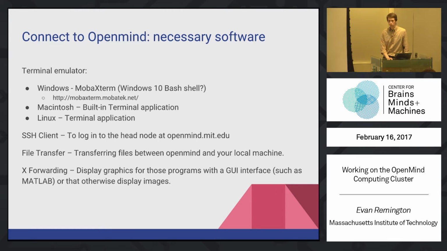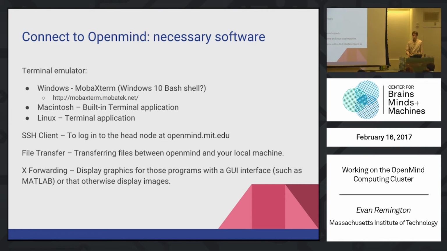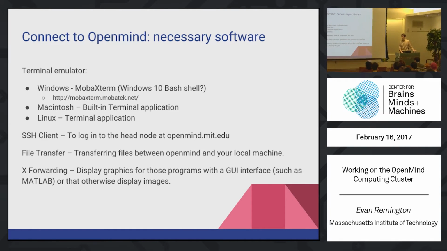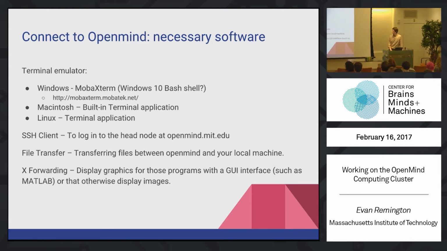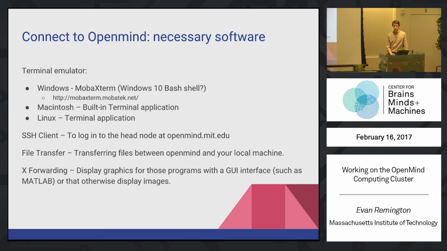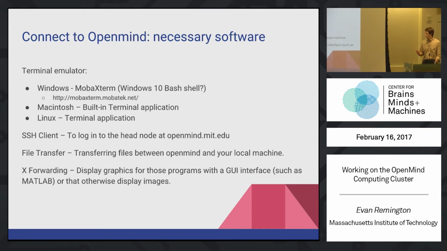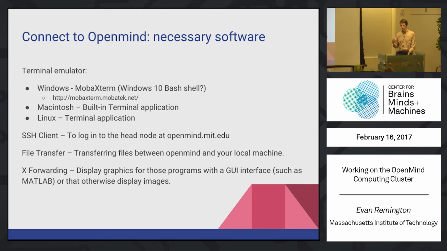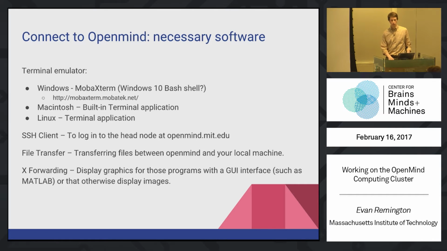Then you'll need to have some way to transfer files. Again, if you're using terminal, there are a lot of terminal commands to do file transfer, like rsync or secure copy, SCP. And then if you want to use GUIs, you're going to need to use something called X-forwarding, which just allows you to display graphics for these programs over a remote connection. I think with Linux, the X-forwarding application is automatically installed on most distributions.